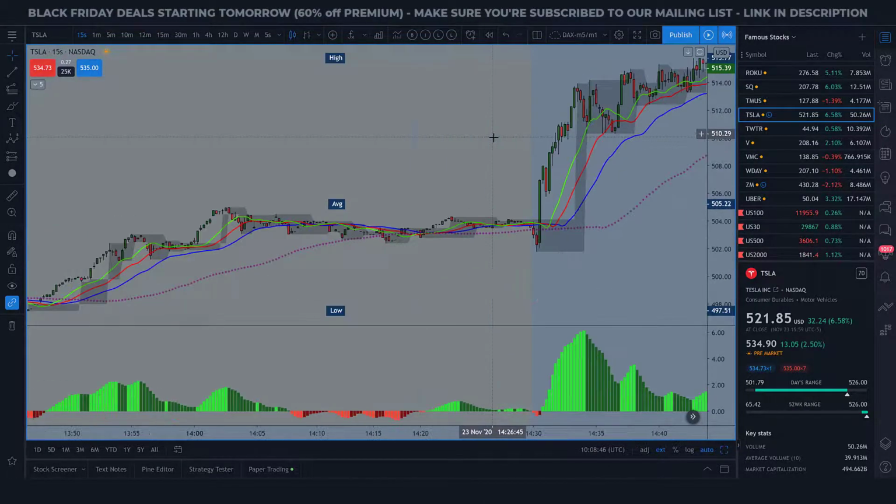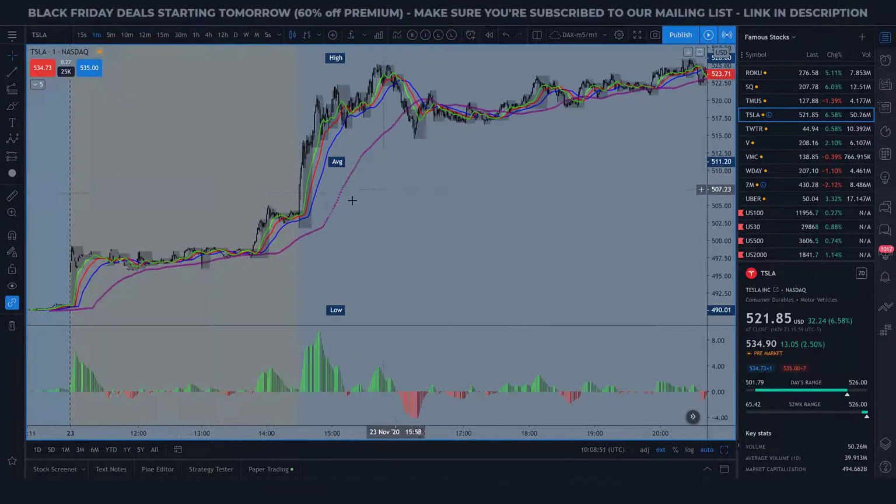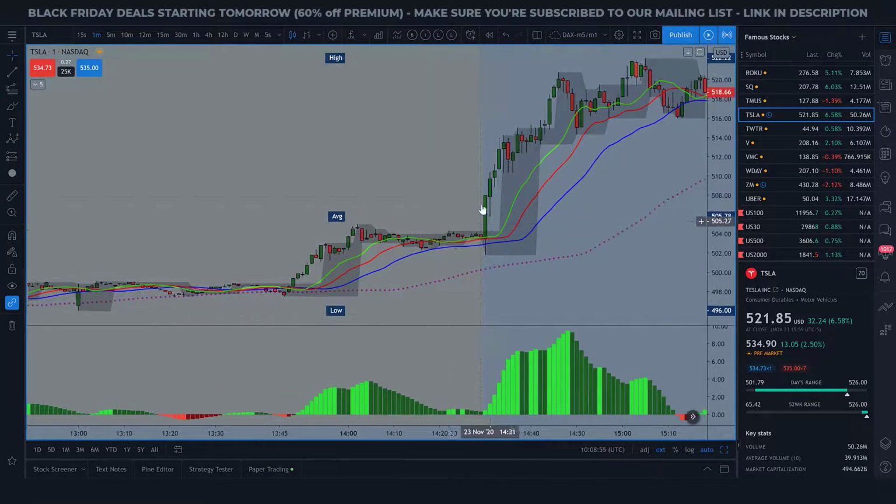You get out here. Easy peasy. Or you can just stay on the M1. Even with this M1, when it comes down to around here, you can just get in, and you know that if it goes back down there, you're going to get out. And then you just let it be. I think you could easily have just let it run like this and then go up.